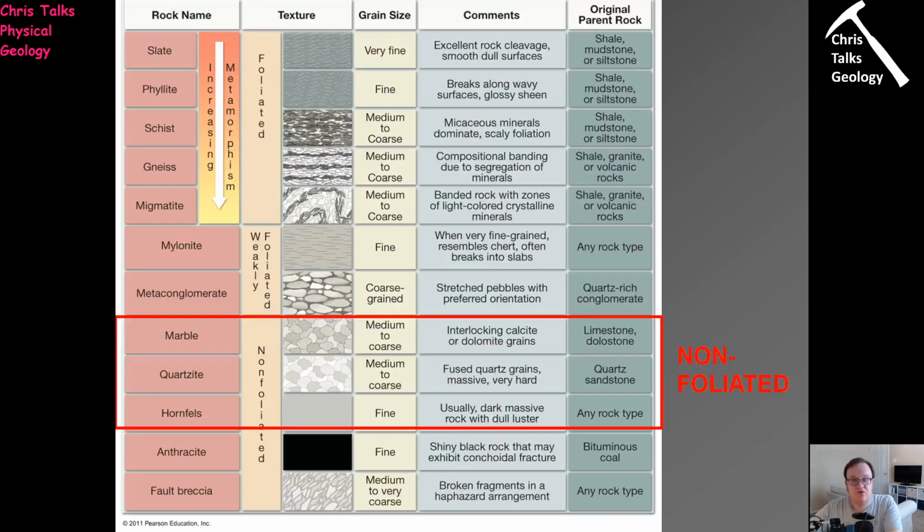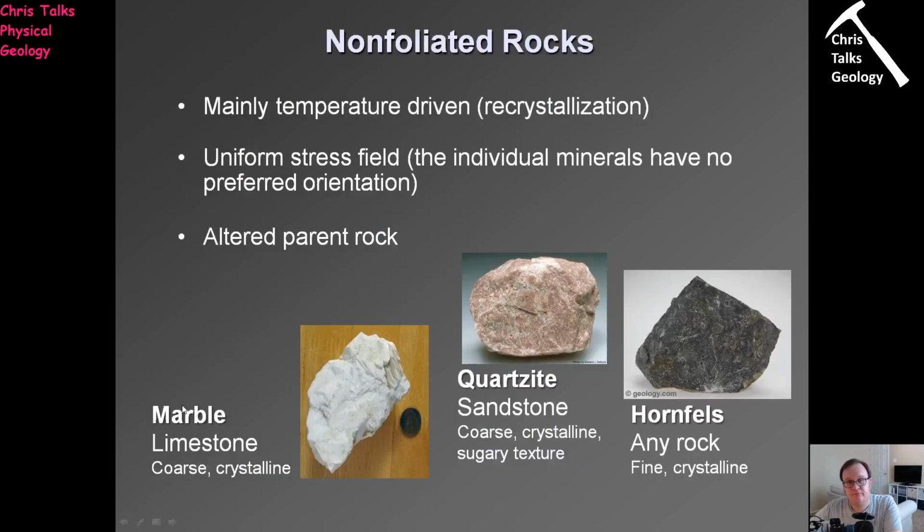Okay, so what about non-foliated rocks? Well, we're going to think about marble, quartzite, and hornfels. So, in terms of non-foliated rocks, mainly temperature driven, so mainly just due to recrystallization. Uniform stress field, so that means no foliation. And most of the time, well, the big two, marble and quartzite, they're simply altered parent rock.